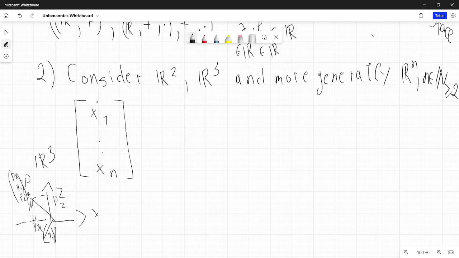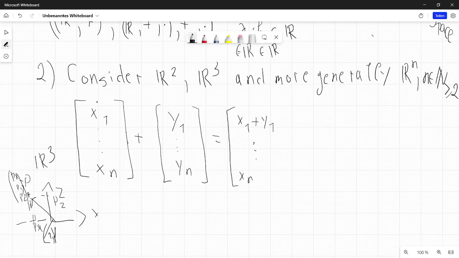Right. So that we just define coordinate wise addition. And coordinate wise means that we just make the addition in the coordinates, coordinate wise: (x1, ..., xn) plus (y1, ..., yn).